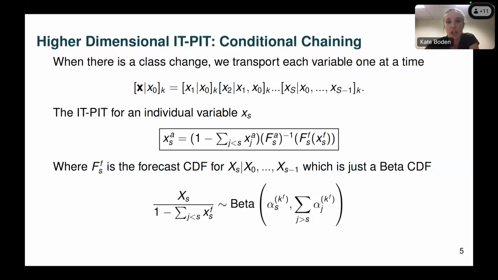And so you're conditioning on what you know at each step. And with Dirichlet distributions, this works out really nicely because the marginal of a Dirichlet is a beta, and the parameters depend in a really nice way on the joint parameters. So you know what the parameters for each one of these CDFs are, and you can pass, say S, one of the state variables, through its CDF here.